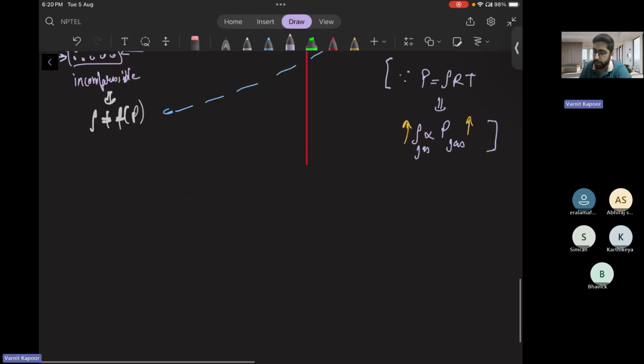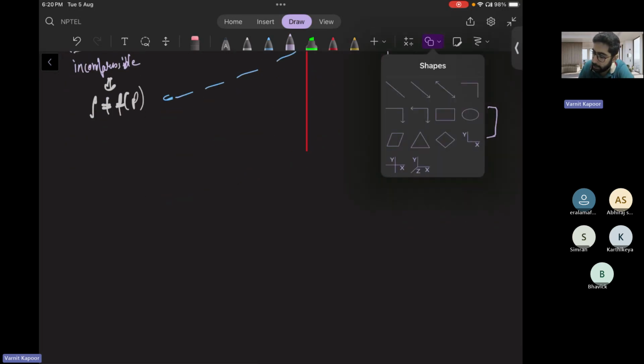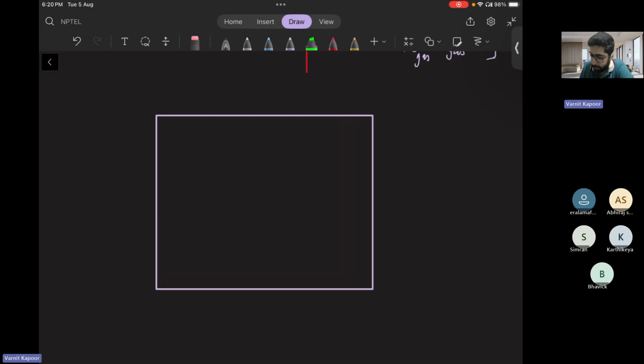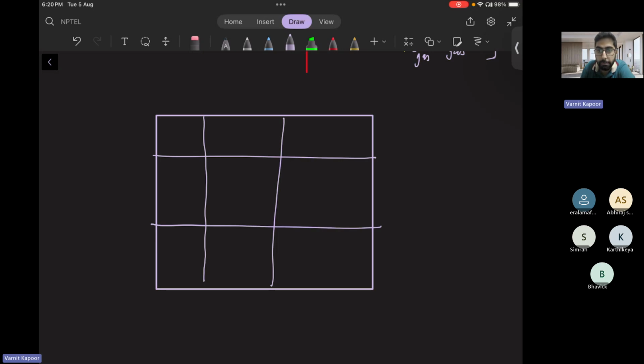Again, I'll make a table here for your short understanding. Three columns, three rows, but this time pressure will play a role. Here again liquid, gas, and here will be dynamic viscosity as well as kinematic viscosity.